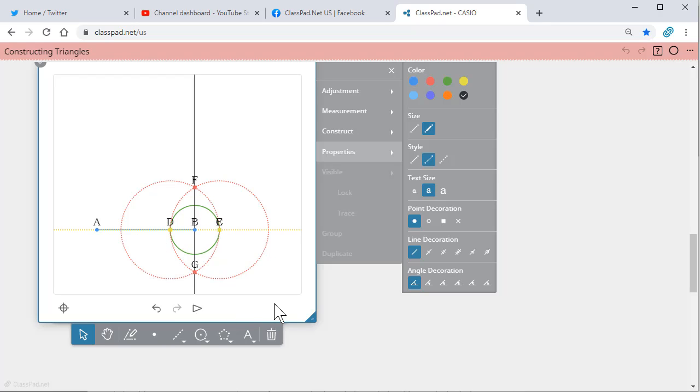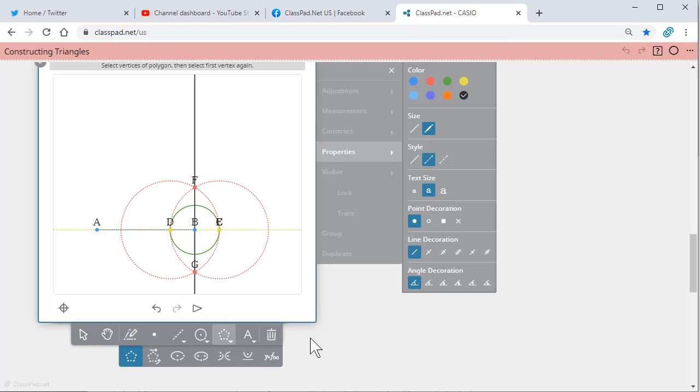So now, have I made my triangle yet? No. My triangle is now just going to be making sure I have a point on this. So let's get the polygon tool. Students would use just a point on their line somewhere. As long as I put the point somewhere on this perpendicular, I know that it will remain perpendicular at B to AB.